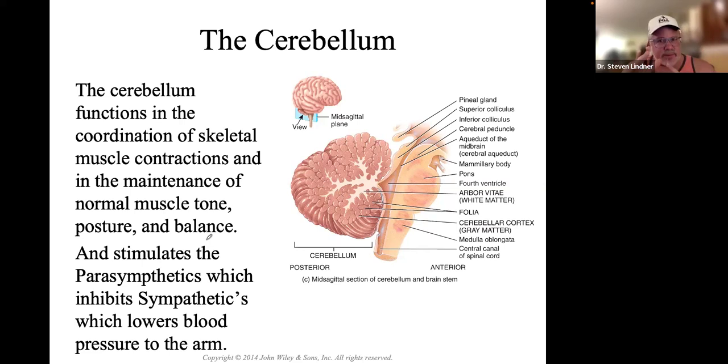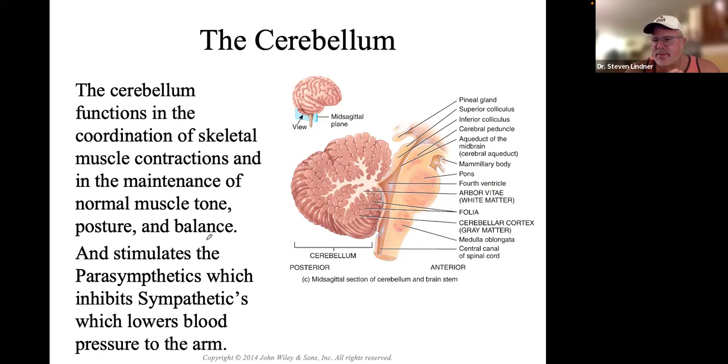And when you inhibit the sympathetics, you can lower blood pressure. So you may have what we call escape, which is where it doesn't inhibit the parasympathetics, and you just may get a higher blood pressure on one side.